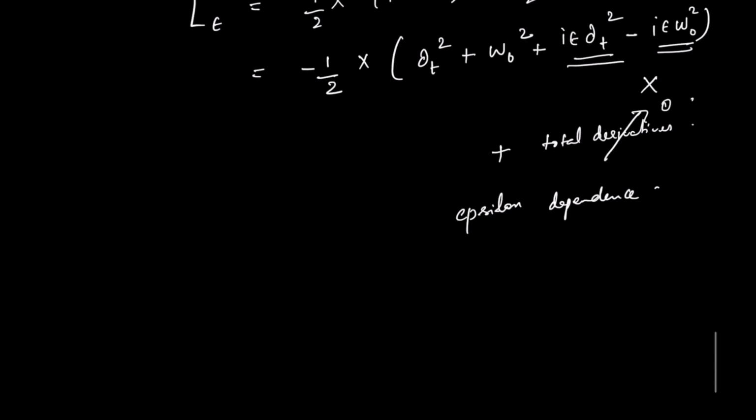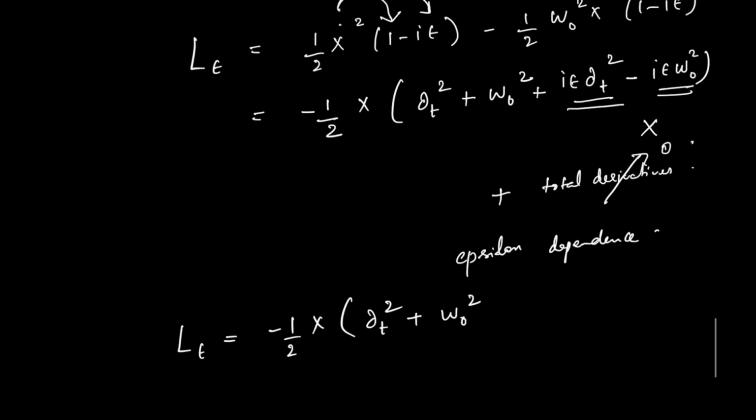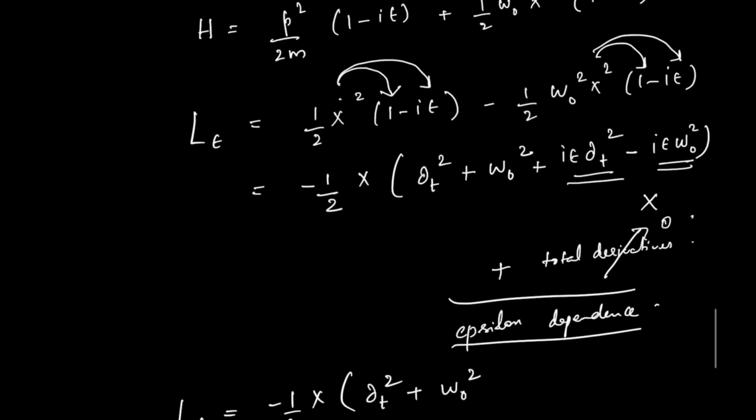Finally you will be left with the Lagrangian equal to minus half x, and in the bracket you have partial t square plus omega naught square. Here, in these two terms with epsilon dependence, if one derivative gives you i omega, then the second derivative gives you minus omega square.